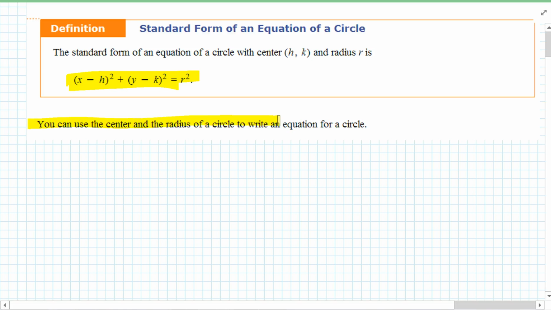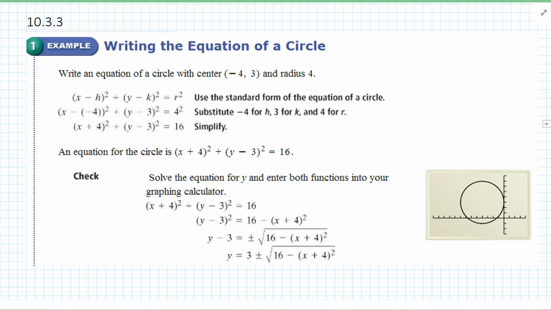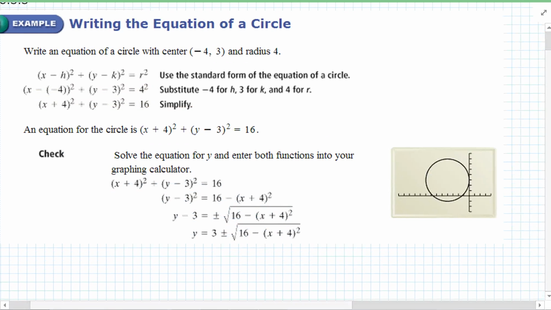So you can use the center and the radius of a circle to write the equation. So let's jump into it. Write an equation for a circle with the center at negative 4, 3 and the radius of 4. So remember, the center is always going to be h comma k, and the radius is r.